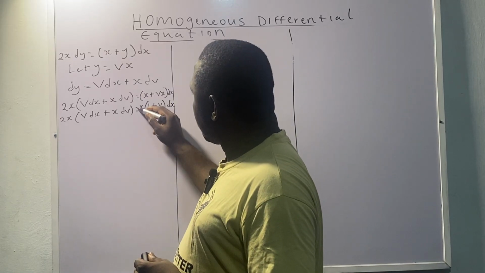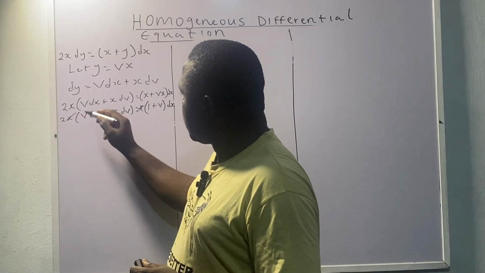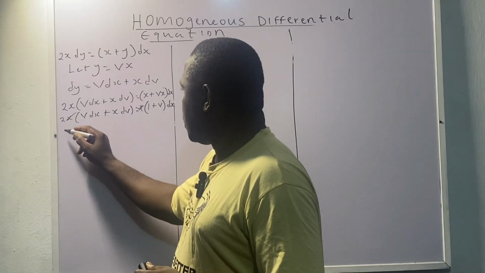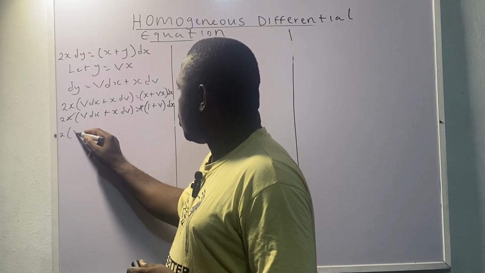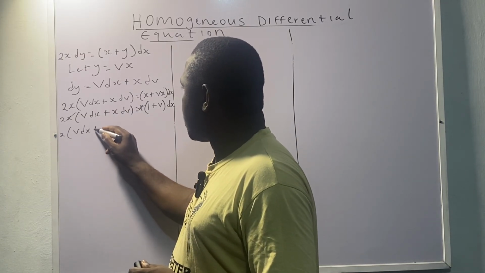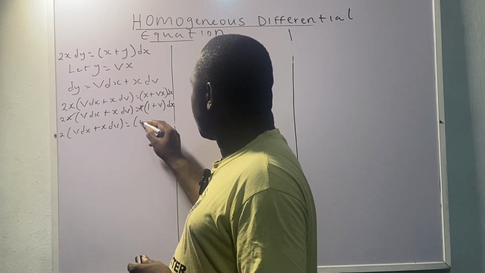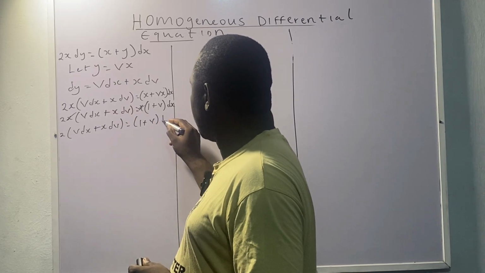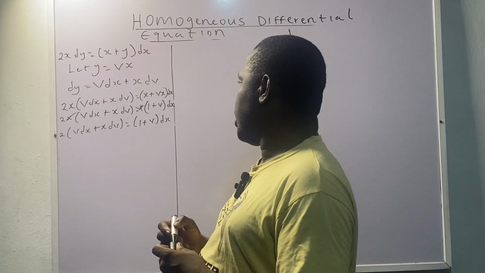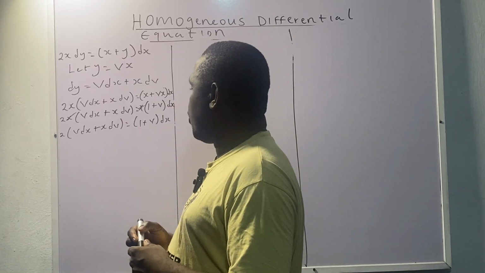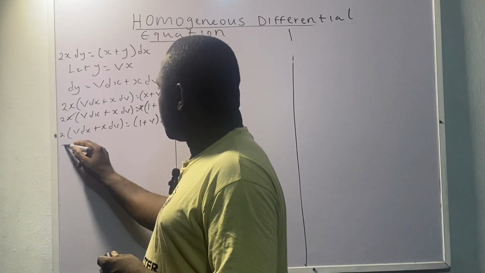So I think we can cancel x here. Yes, it's allowed. So I will have 2(v dx plus x dv) equals (1 plus v) dx. Yes, this is allowed. So open the brackets.